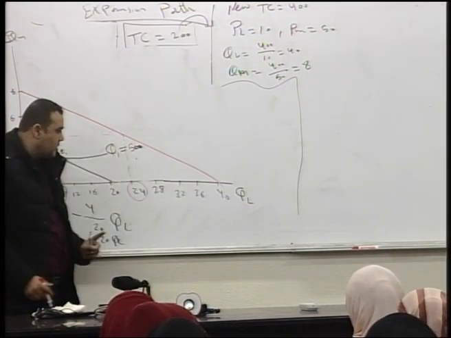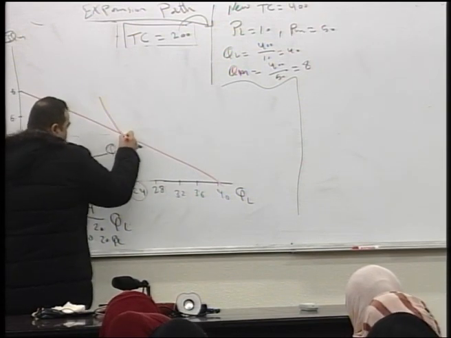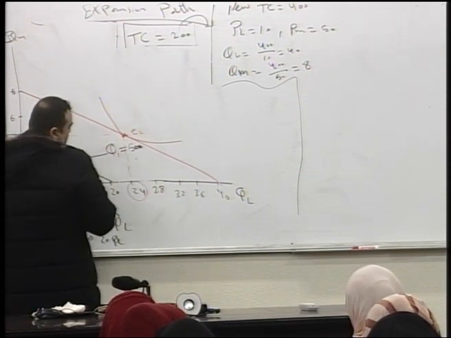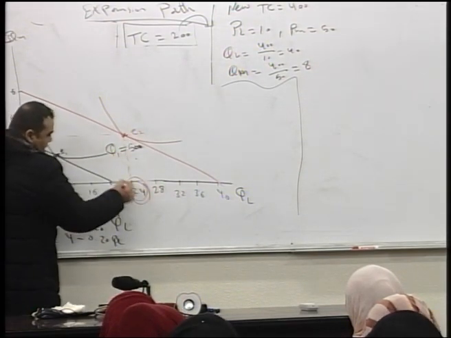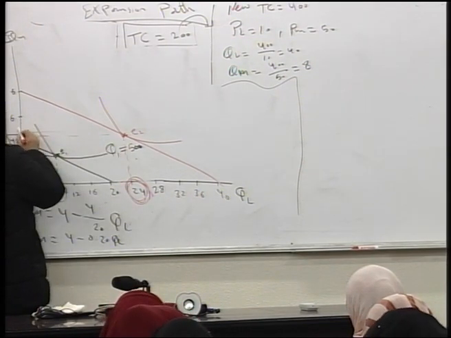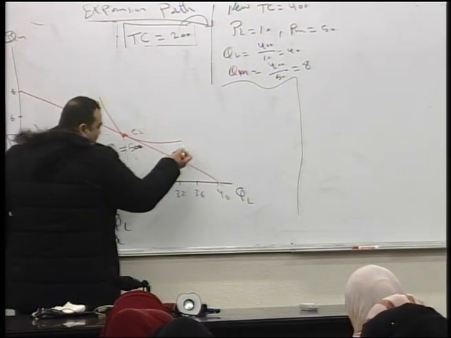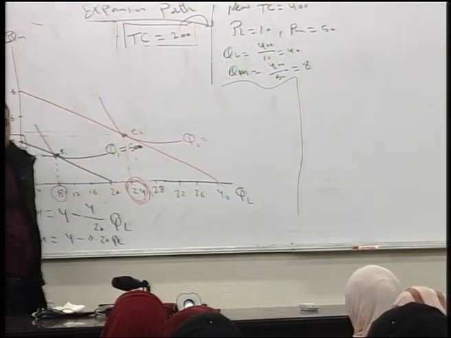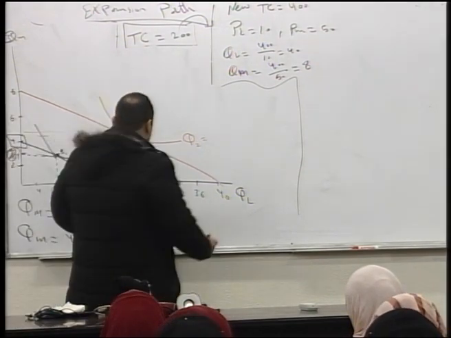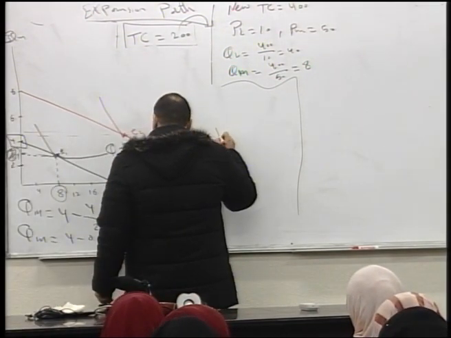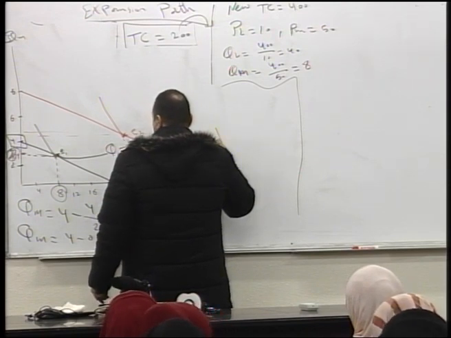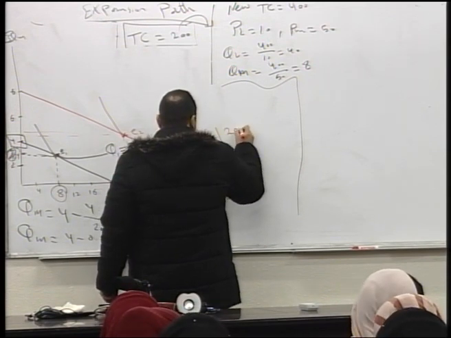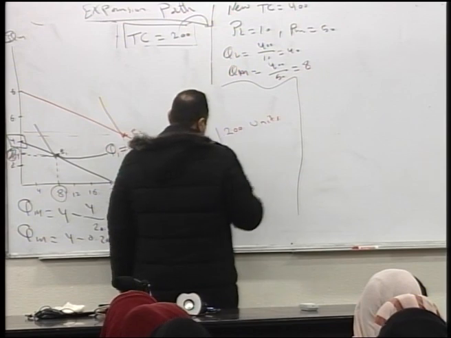The new equilibrium occurs here, E2, at QL equals 24. How much is QM? And the assumption is that at this point we can produce outputs increased to 1,200 units. And this is an assumption, right?